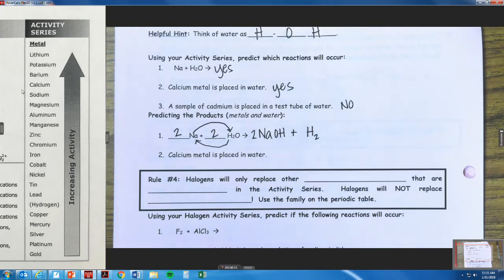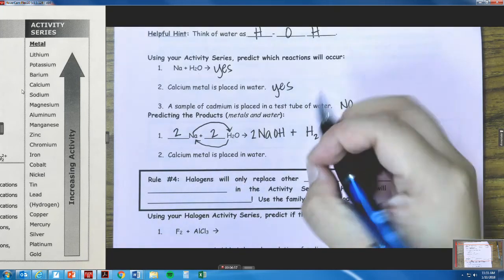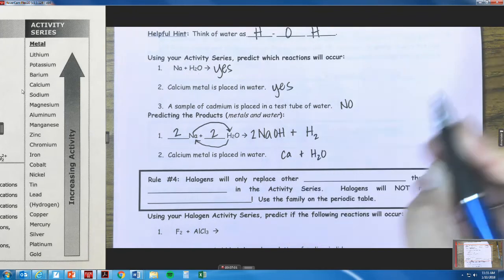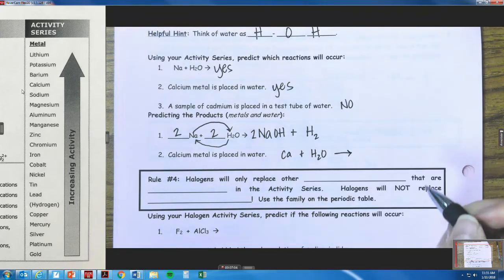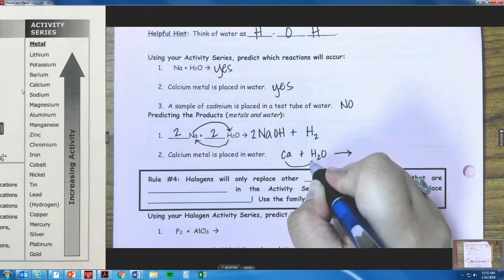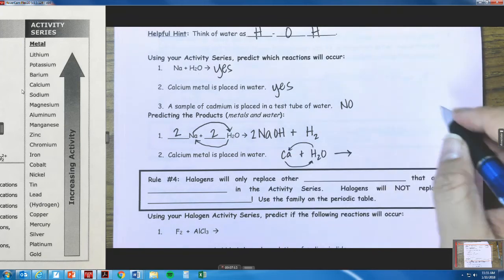Okay, and then number 2, calcium metal is placed in water. So calcium plus H2O yields, well, what does that yield? Remember, calcium is going to react with hydrogen. Okay, and hydrogen is going to switch places with calcium.